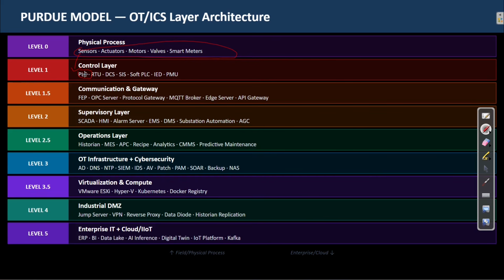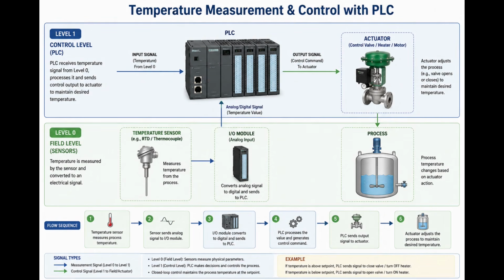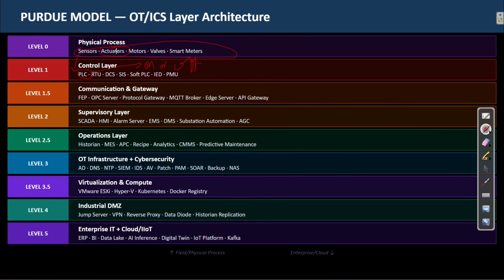Now the PLC can send an on or off signal to the actuators, and this actuator can switch off or switch on that particular motor physically.